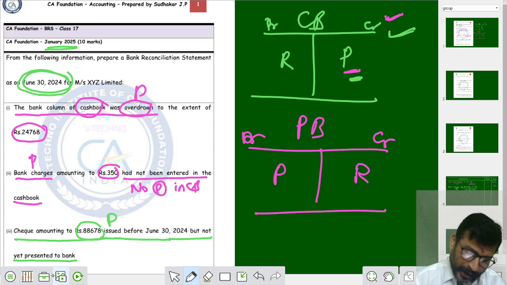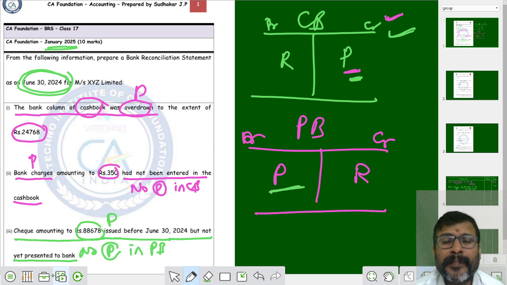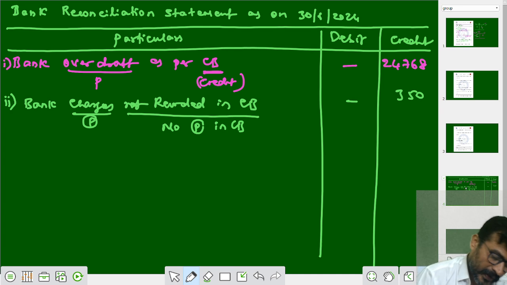What do you mean by not yet presented to the bank? It means no payment in the passbook. Now, my dear kids, no payment in the passbook means no debit in the passbook. So where should I take it? It is supposed to be taken on the debit side only. That is point number three.